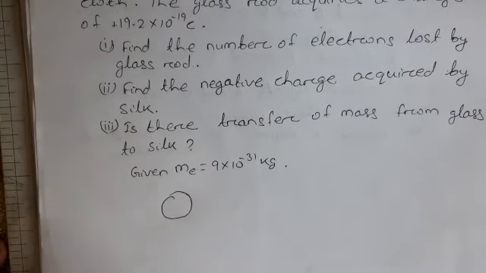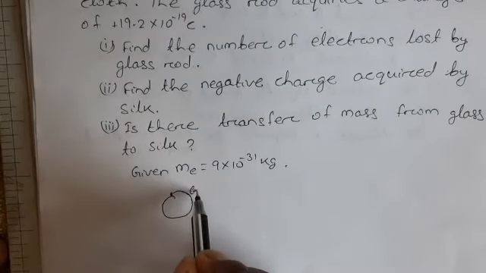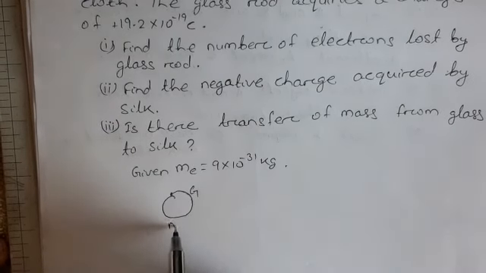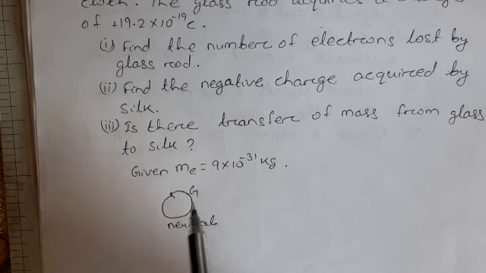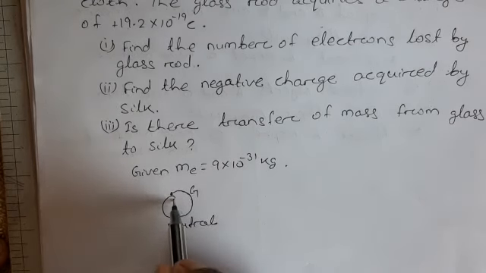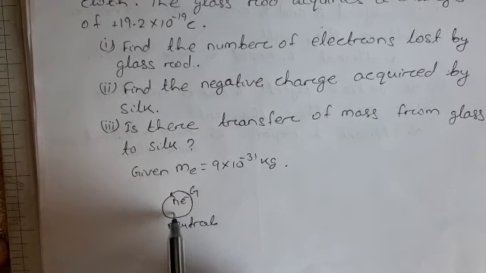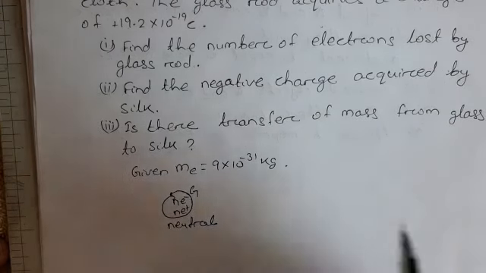Let's say this is glass and it is neutral, neutral means n number of electrons and n number of protons.